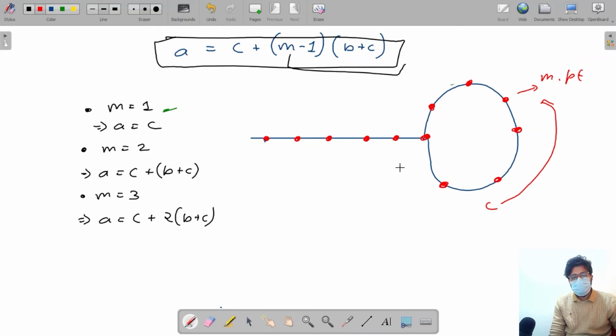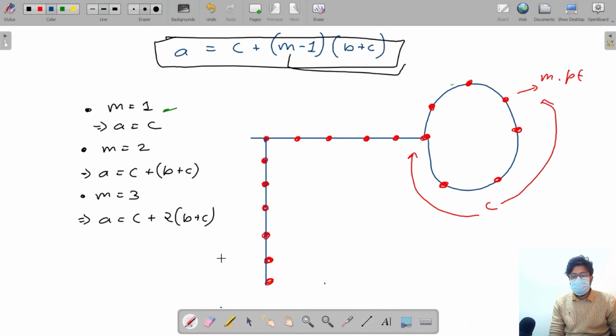So 1, 2, 3, 4. Okay, the value of C is 4, right? Let's make 6 more nodes here. 1, 2, 3, 4, 5, 6. So let's take the example of the second case now.